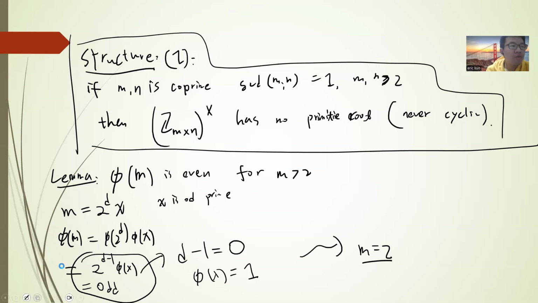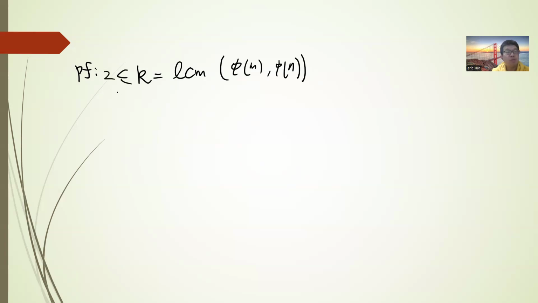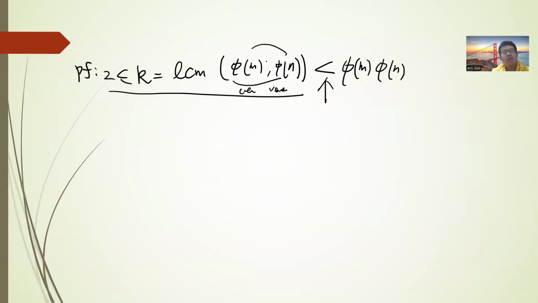Now we can prove the structure theorem. I can take K to be the least common multiple of phi(M) and phi(N). By the lemma, this is greater than or equal to 2 because these are all even, and it is strictly less than phi(M) times phi(N) because they have a common divisor, so the least multiple cannot be the product of them.